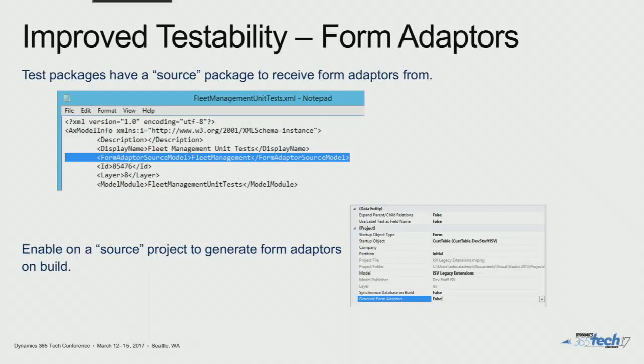So the way form adapters work, it's generated code. So you have to specify a model that you want to generate your form adapters into. And it's actually the opposite. You specify in the model that you want the form adapters to reside in, you tell them which product model you want to generate into. It's a little bit backwards.